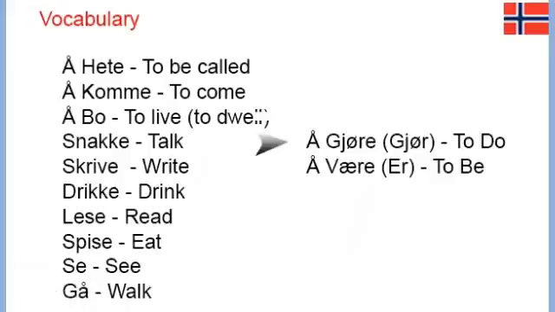Okay, those are all regular verbs. We will mention two irregular verbs there. To do, or gjøre, which in present tense is gjør. You remove the E, you don't add an R. And next one, to be, or være, in present tense is er.